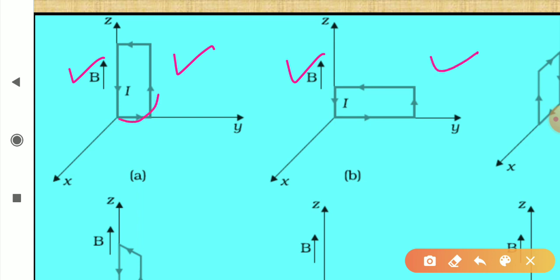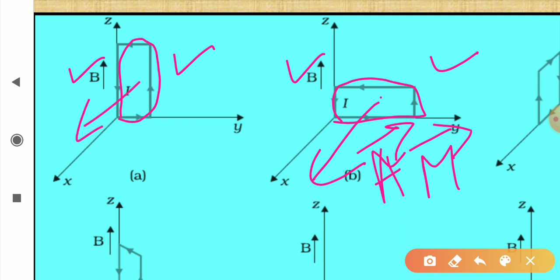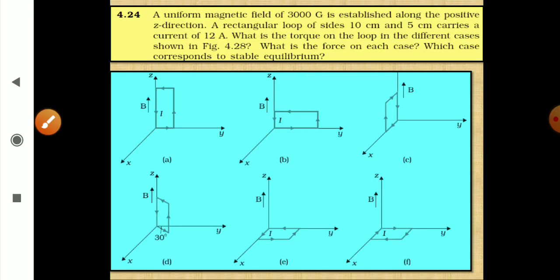But if you see the orientation, the sense of current is anti-clockwise here, and here also it is anti-clockwise only, and the area is the same, the area is not changing. So the direction of the area vector will be along the x-axis, and the direction of the magnetic moment will also be along the x-axis only. That means it is exactly the same situation. Here also the direction of the magnetic moment was in this direction. So this situation and this situation are the same only. So you will get the same result. No change.